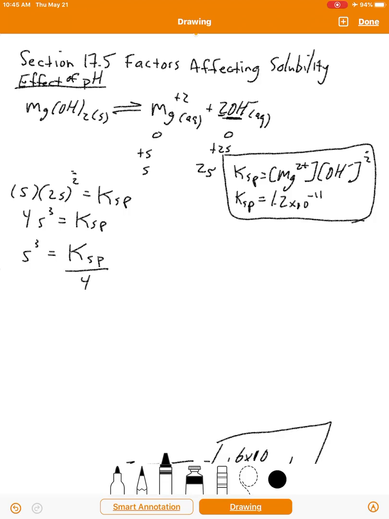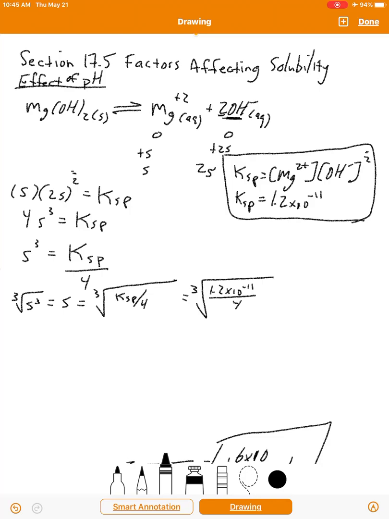Okay, divide both sides by 4. Now you take the cube root of both sides. If you take the cube root of S cubed, that gives you S. That would be equal to the cube root of KSP over 4, which is the cube root of 1.2 times 10 to the minus 11 divided by 4.